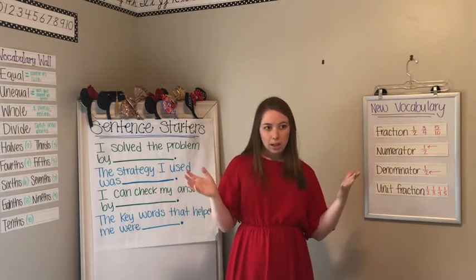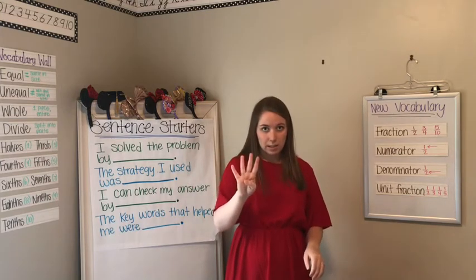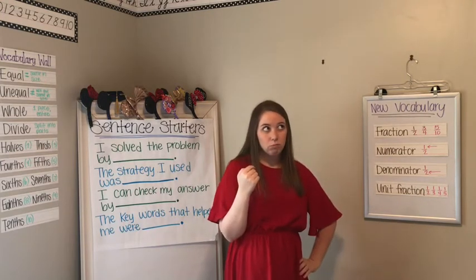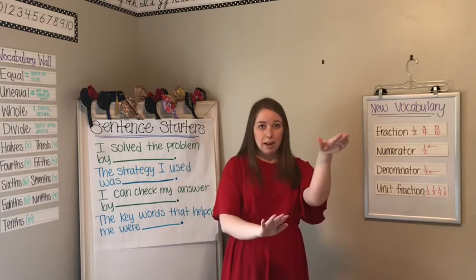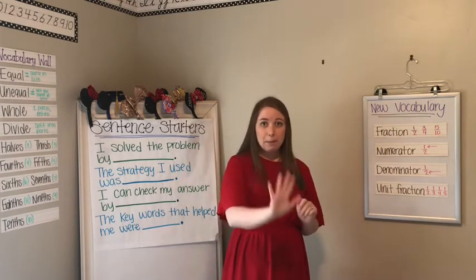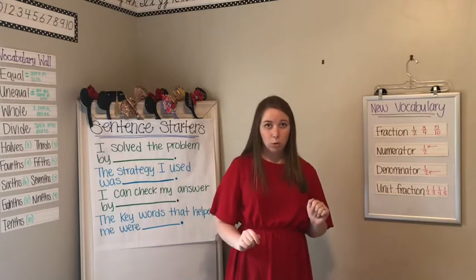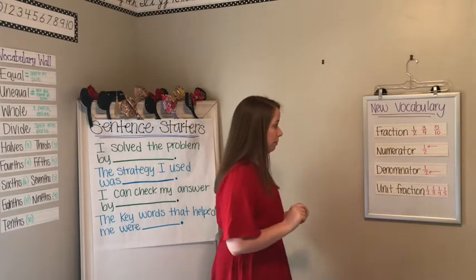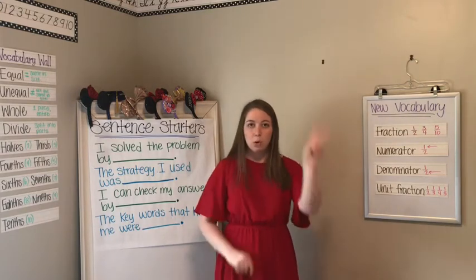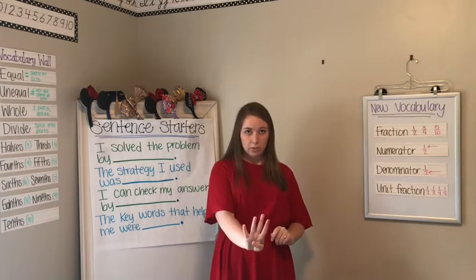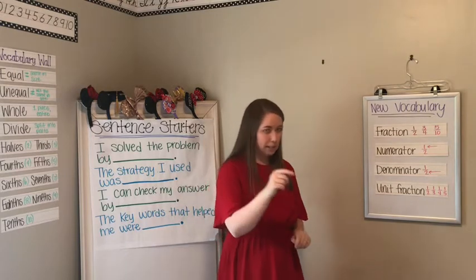So if I'm looking at a pizza that has 4 slices and I eat 2, my denominator, that number below my line in the fraction, is going to be 4 because that is my total number of equal parts. Okay? So then my fraction for my example that I came up with would be 2 fourths because I ate 2 fourths of the pizza.